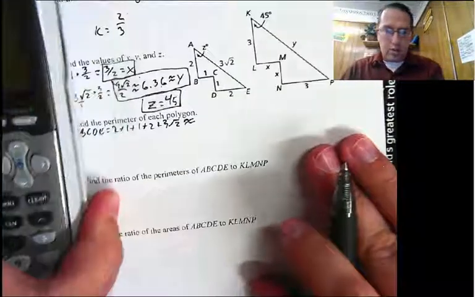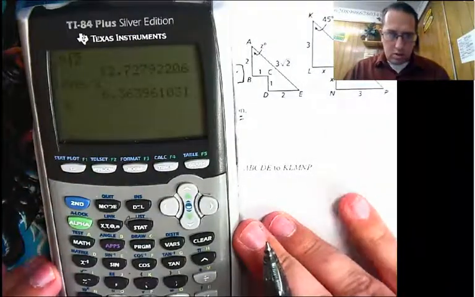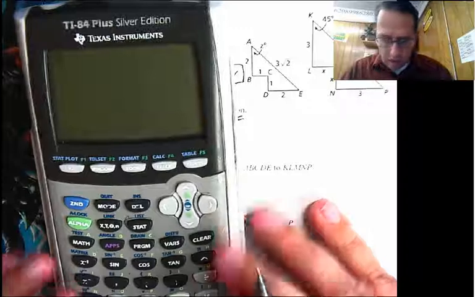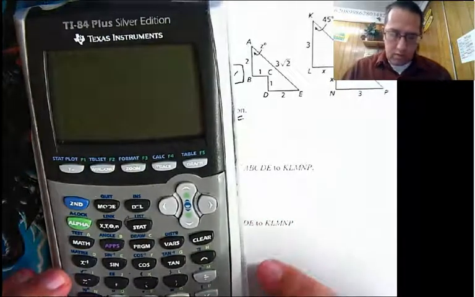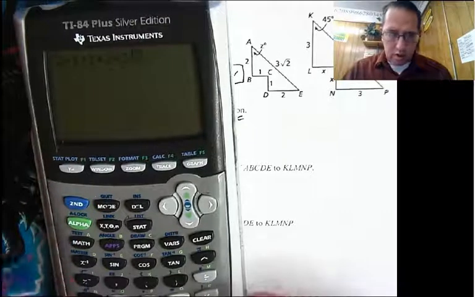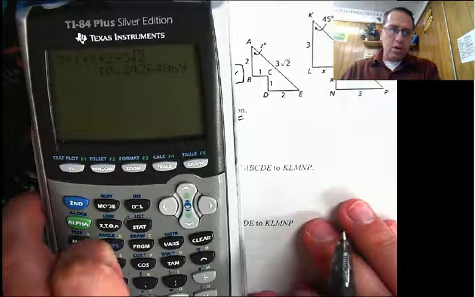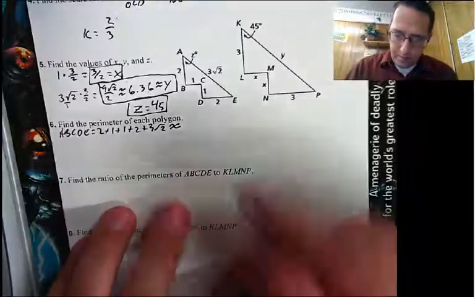It's going to be approximate. It won't be the exact answer, but that's okay. It'll get us close. So we have 2 plus 1 plus 1 plus 2 plus 3 square roots of 2, which is approximately 10.24.